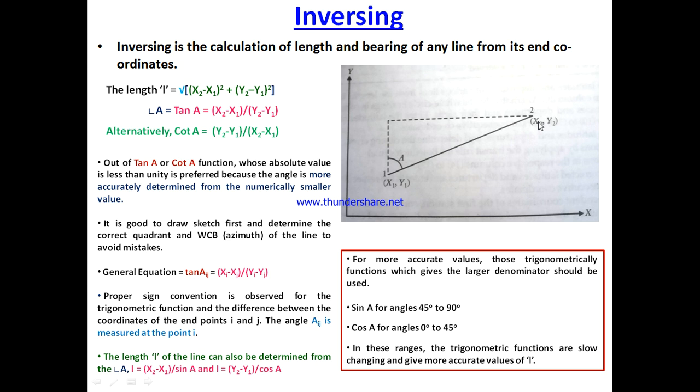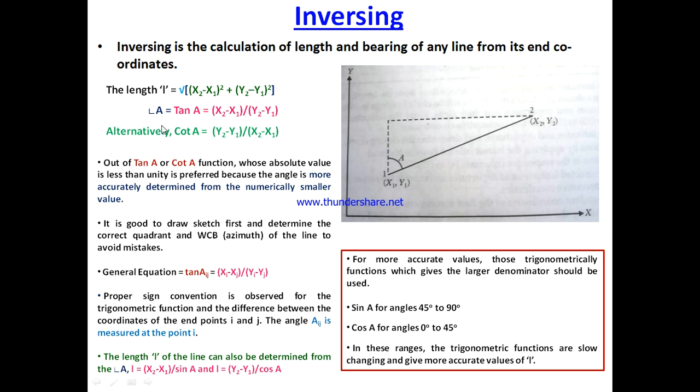Now the proper sign convention is also observed for the different trigonometrical functions as well as for different quadrants for computation of latitude and departure. So in this manner we can calculate the length of the line and also the bearing of the line with the help of this inversing method.